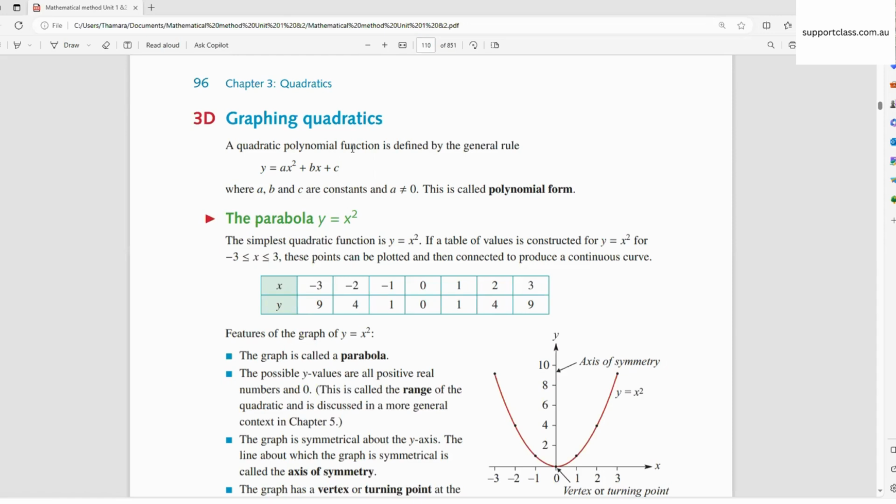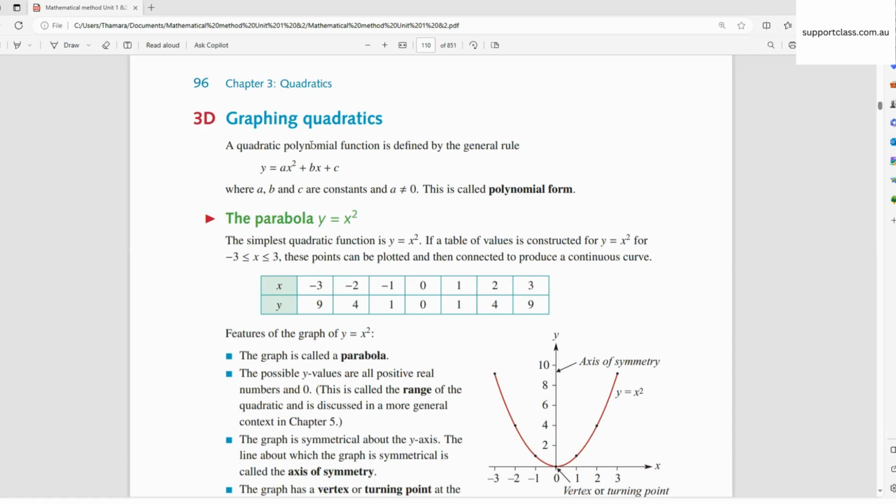So you have a number of unknowns in here, and you have two variables in here. The two variables are y and x. We know the relationship between y and x according to this formula. So this is a polynomial form of a quadratic equation.